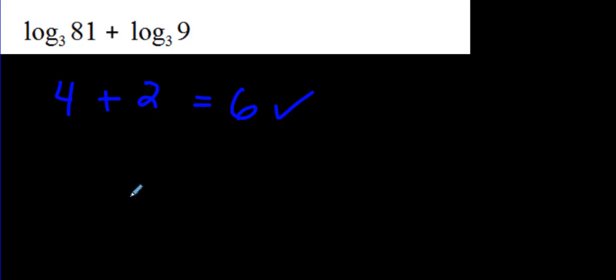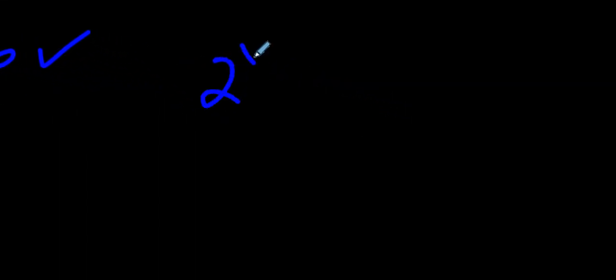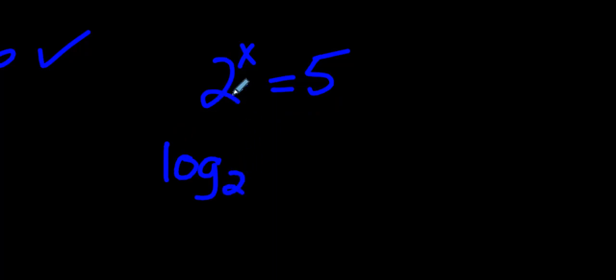It also works for questions that aren't so nice and neat. Okay, it works for questions where you might have a decimal answer, for example, or a number that's not as obvious. For example, 2 to what power would equal 5? And you would say, wow, I don't really know what to do here. This is crazy. Well, you could change it into a logarithmic situation and say, okay, well, that's log 2. That's the base of 2.